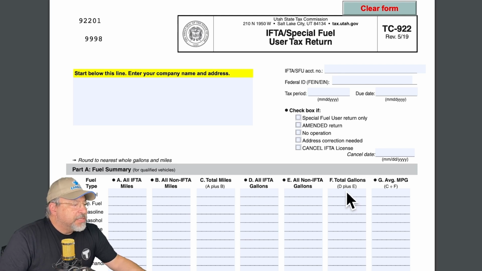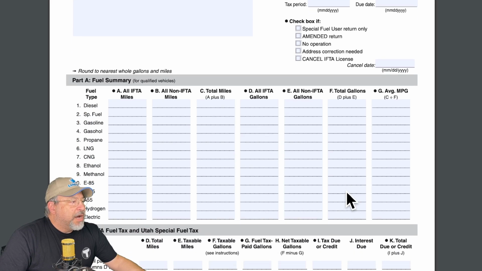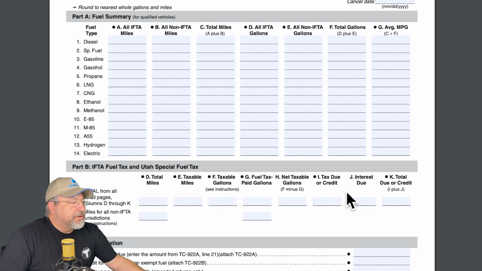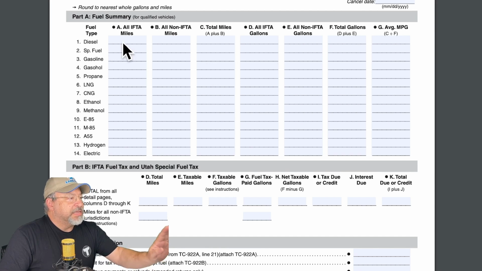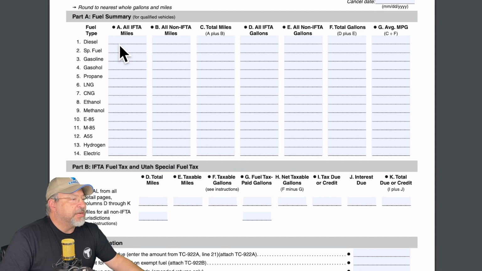Now, on this particular form, as we scroll down here, the only thing that is going to be filled out in this section, Part A, is diesel, because 99.999% of us are dealing with diesel. There's not going to be anything in all of these other boxes.